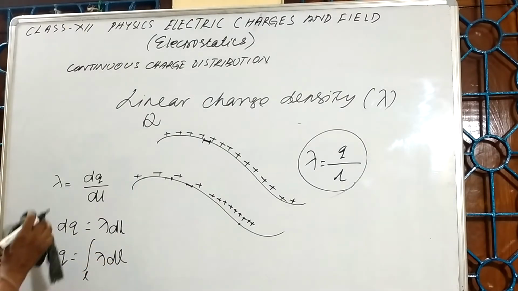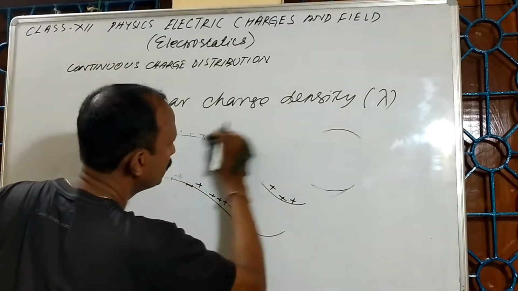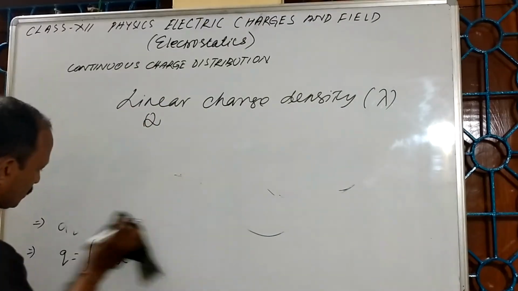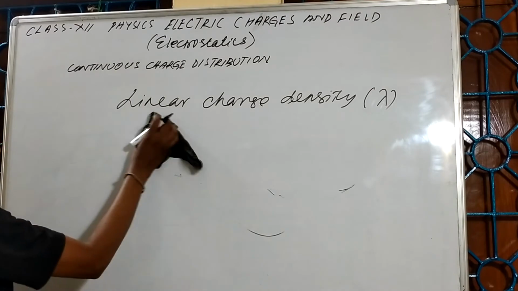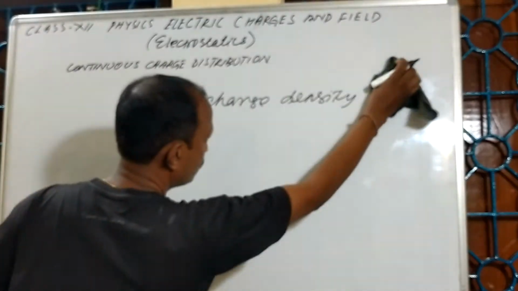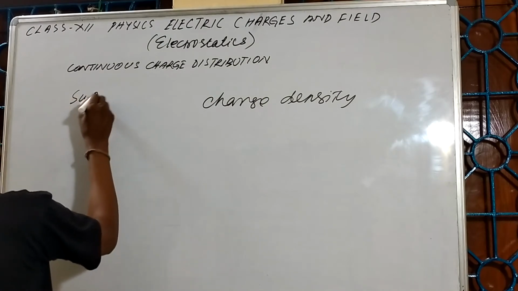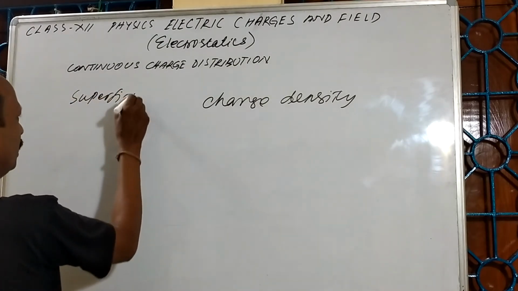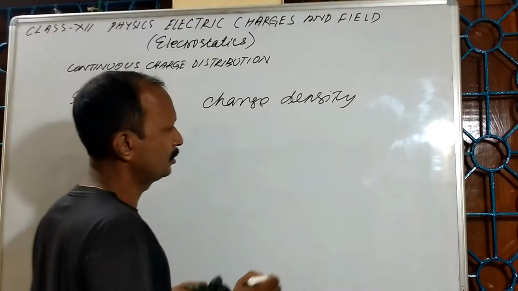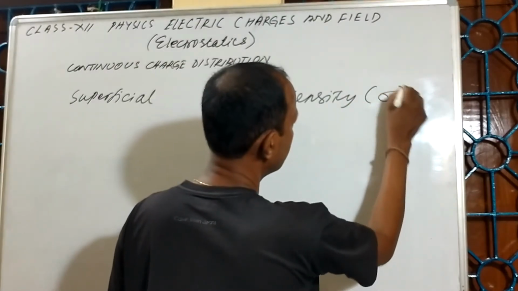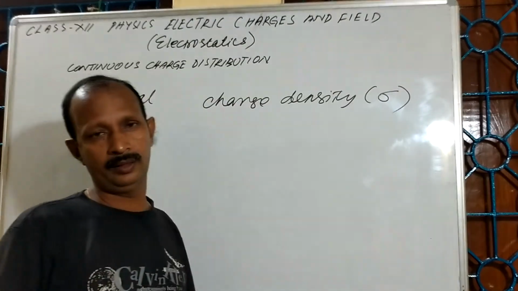Next one is the superficial charge density. What is this superficial charge density? The sigma is the symbol.